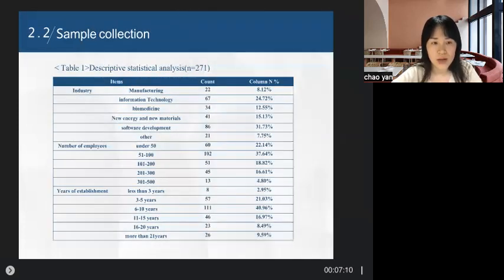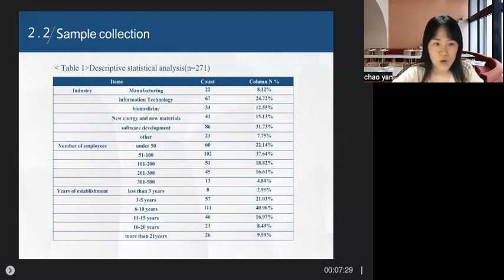In terms of enterprise scale, the highest is 51 to 100 employees, accounting for 37.64%.